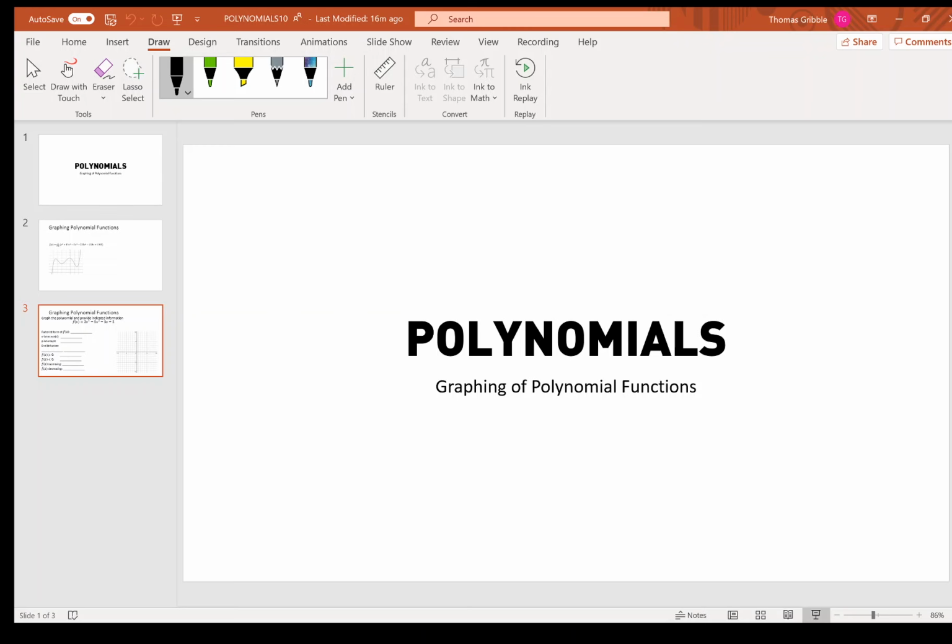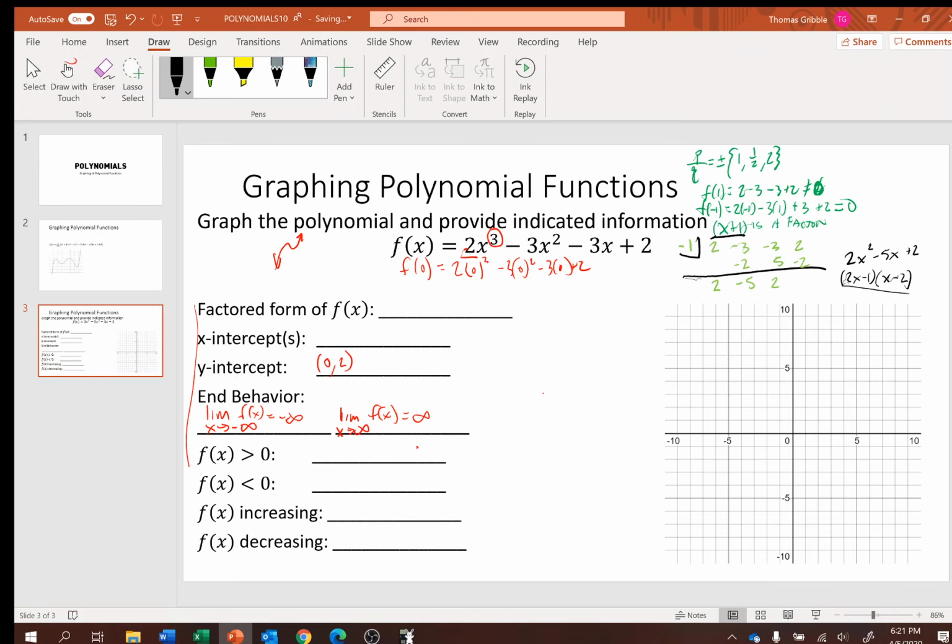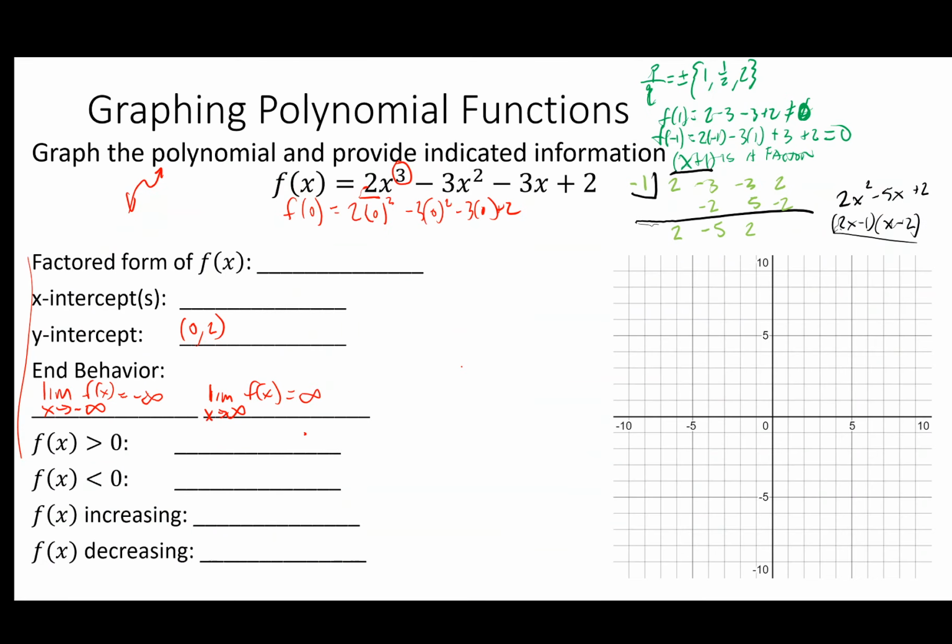The factored form of this polynomial is just going to be x plus 1 times 2x minus 1 times x minus 2. Okay, and so that's great.